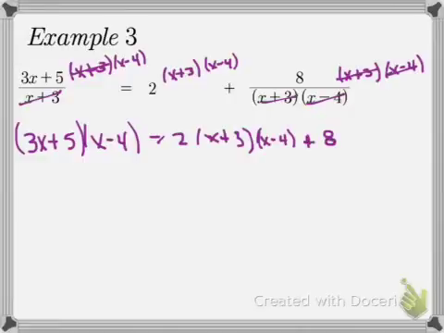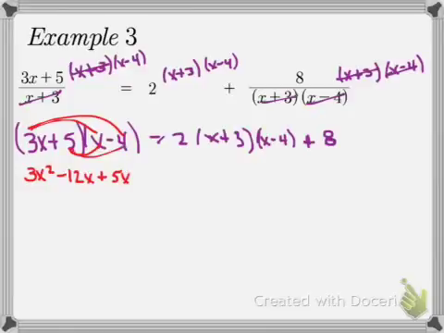Okay, so we have a little bit of multiplication to do. If you multiply the first part here, that's 3x times x, which is 3x squared. Alright, 3x times negative 4 is negative 12x. 5 times x is 5x. And 5 times negative 4, negative 20.